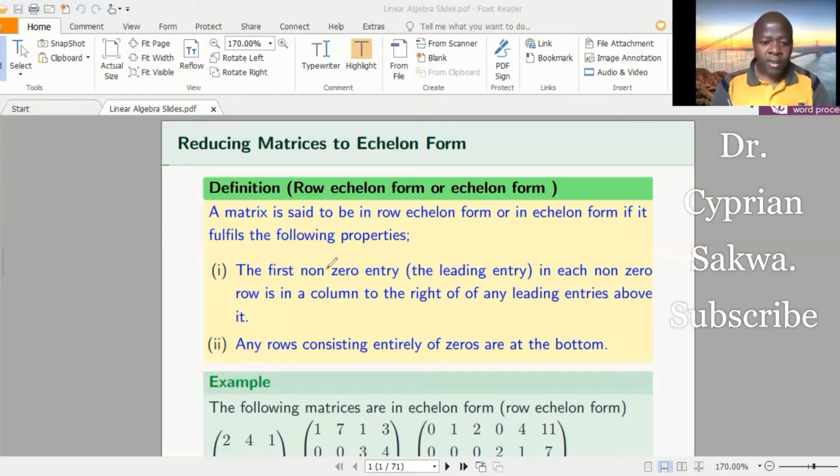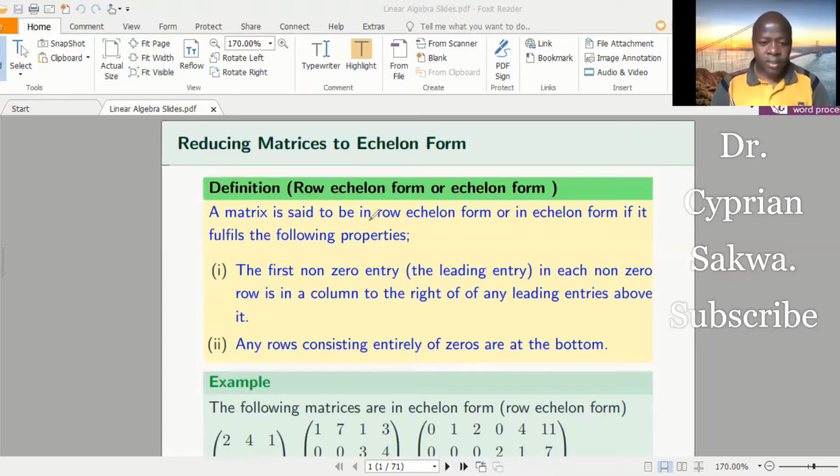So if we have the leading entry in row 2, the column that leading entry is in must be to the right of the column of the leading entry in row 1. And the other property is that the rows consisting entirely of zeros must be at the bottom of the matrix.